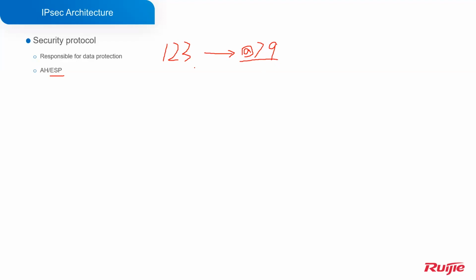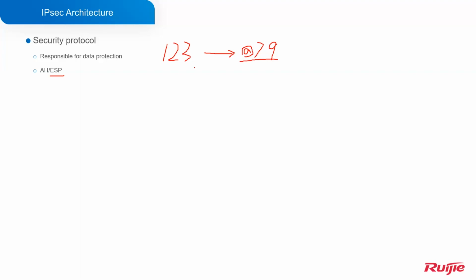So there are two types of security protocol. Maybe someone thinks ESP is better than AH because we can protect the message better. But if you choose ESP, you need more resources to deal with the original message. Maybe you will increase the delay time, and also your devices need more core resources to deal with a message.